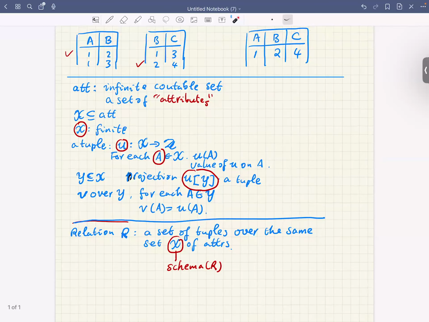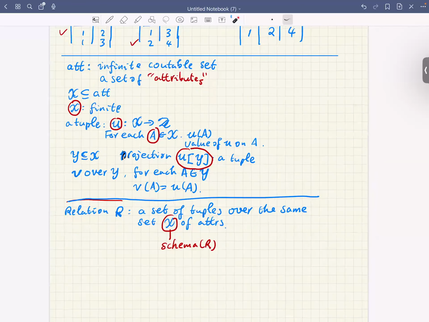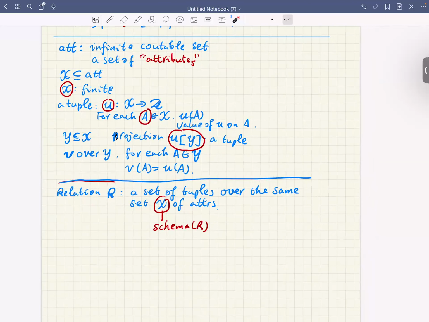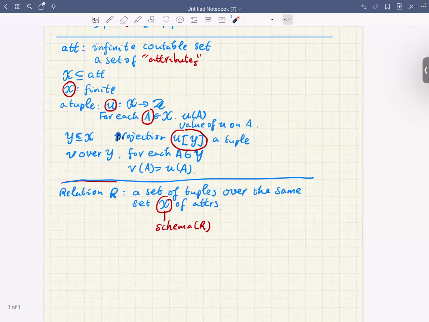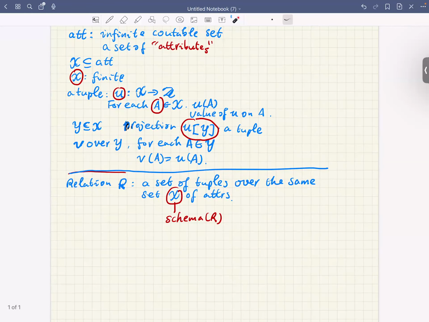So in a relation, you're not supposed to have two tuples that are the same as each other. This is under the set semantics. This is going to be super important several weeks down the road when we talk about the AGM bound. Some of you already know about that. Good. So so far so good, right?